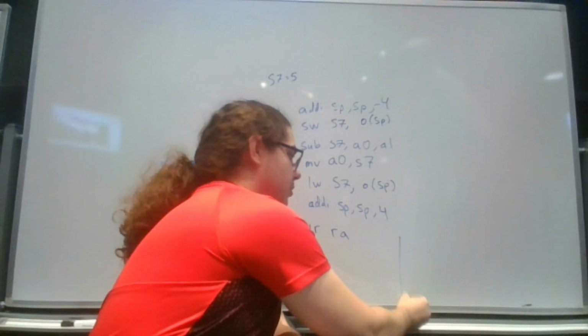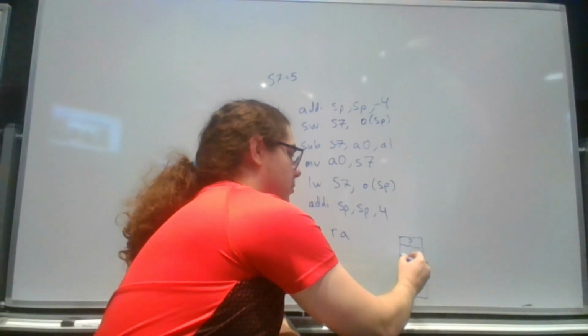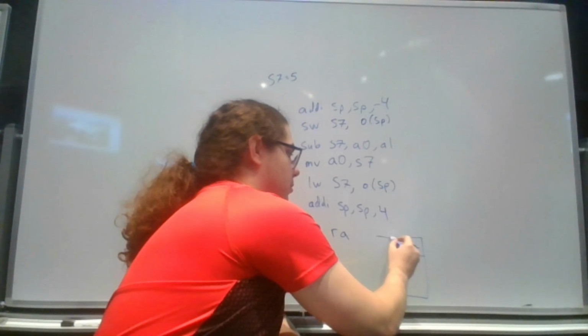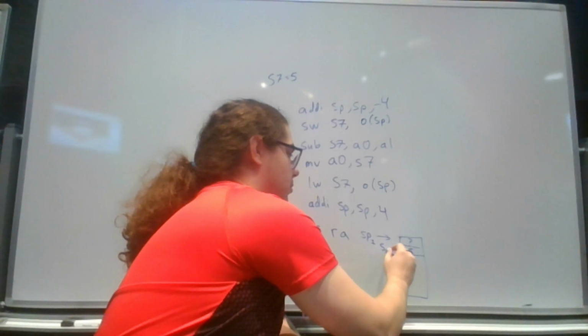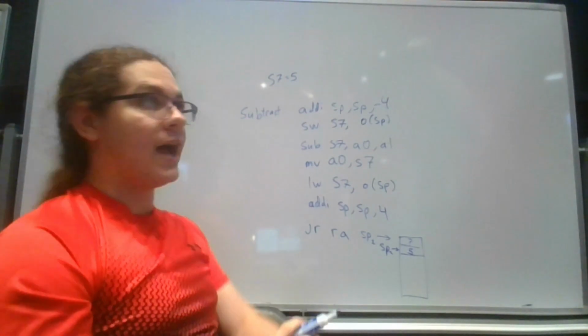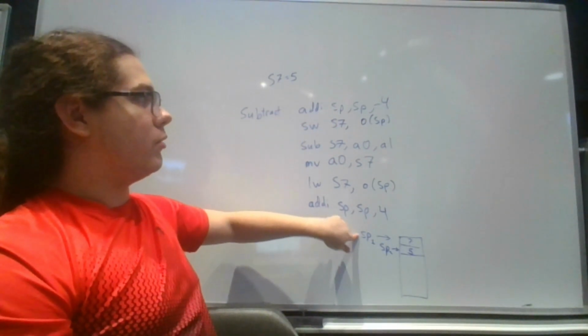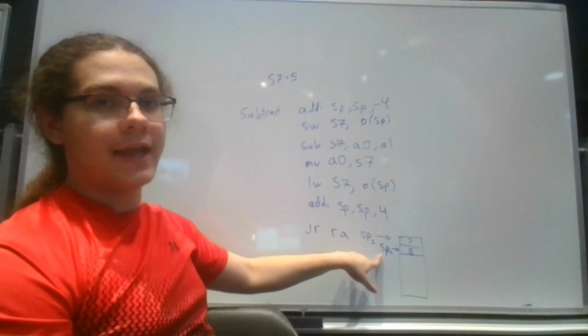So in my picture, SP1 is where I started, and SP2 is where, at the very beginning of the program, I allocated space. That's where SP2 points after I allocated space.